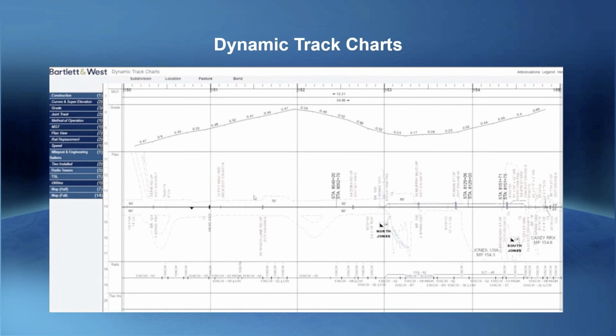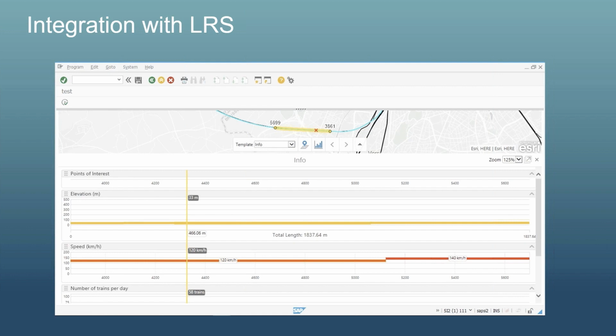And as a matter of fact, you can integrate this dynamic track chart with your asset management and your inspection routines, so that with track defects, you can integrate the various defects together with your track chart information. And we mentioned the ability of the straight line diagrams, in this particular case also integrated with your linear referencing systems as well.